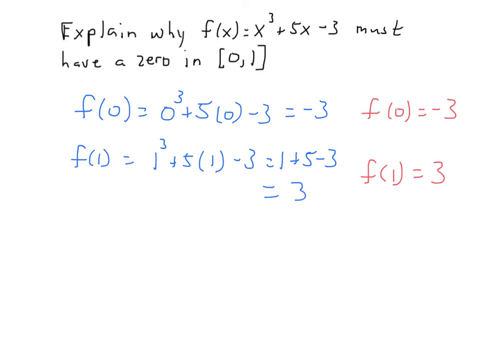Well, in this case, 0 is between negative 3 and 3. And since when we talk about a 0, that's where we're crossing the x-axis, that means that the function's value is 0. So by the intermediate value theorem, I know the function must cross the x-axis somewhere between 0 and 1.